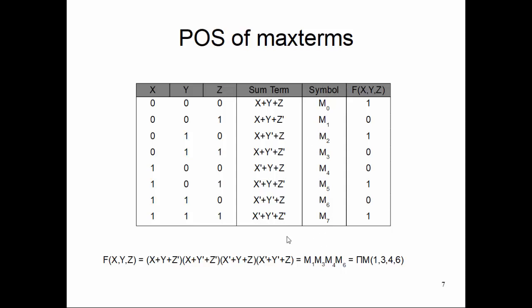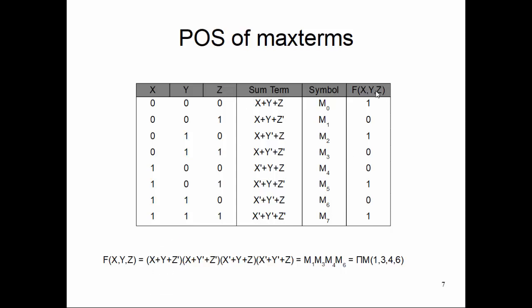Now how are we going to express this function in terms of product of sum? We write this function this way. For f(x, y, z), wherever the value of that function is false, we pick up that corresponding sum term, the max term, and AND them.